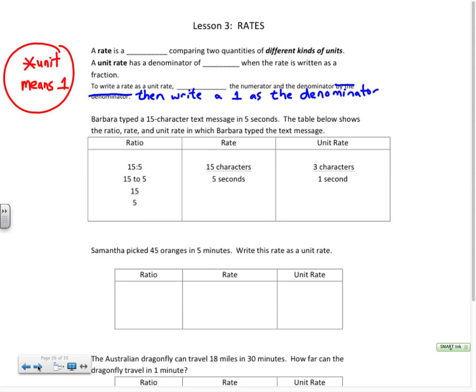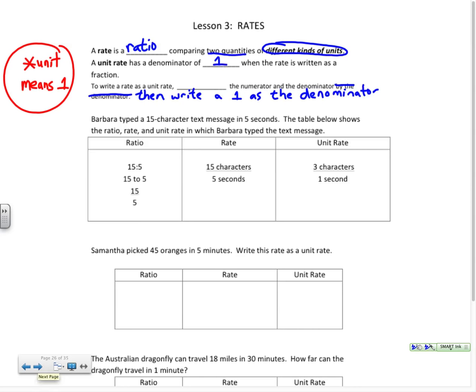So what is a rate? A rate is actually a ratio, and we know what a ratio is, a comparison of two quantities by division. This time, though, it's more specific. A rate is a ratio comparing two quantities, but it has different kinds of units. A unit rate has a denominator of 1 when the rate is written as a fraction.